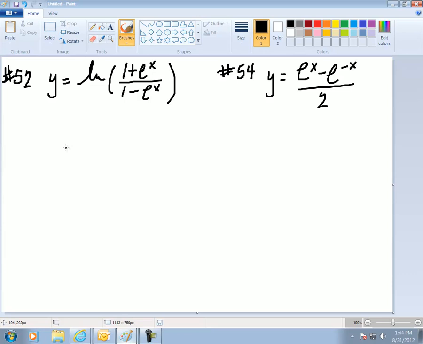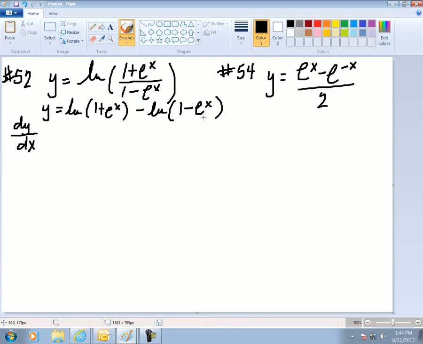Again, I just want to point out that the old rules, all right, may or may not apply. Right? So if I want to find the derivative of this, dy dx, the first thing I can do is rewrite this as the natural log of 1 plus e to the x minus the natural log of 1 minus e to the x.